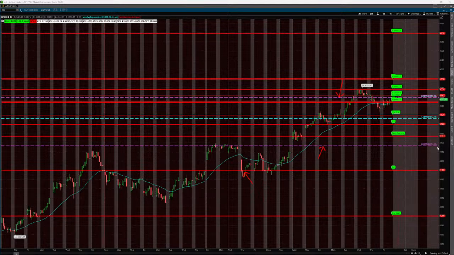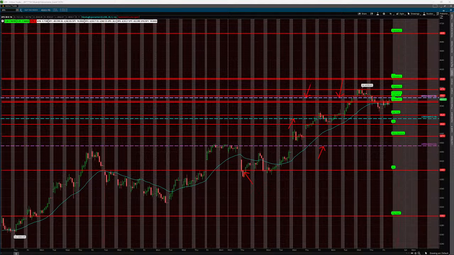So that is the lower and upper weekly expected move, and so far SPX is trading within that range. And also the lower and upper daily expected move shown with the dashed blue lines. SPX is now trading within that range and just below the upper daily expected move.